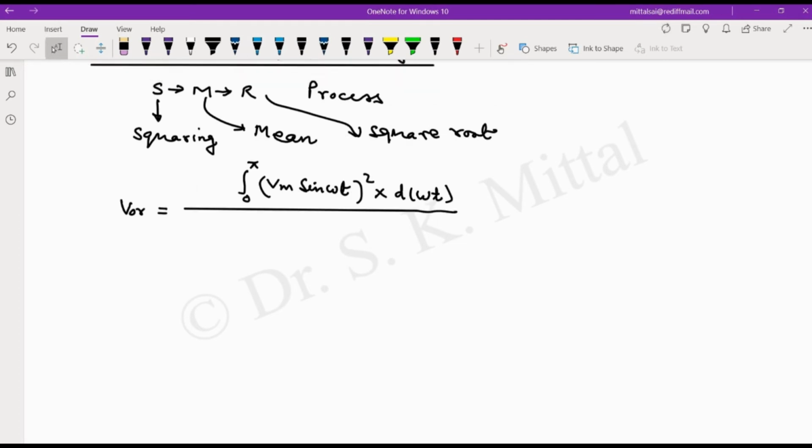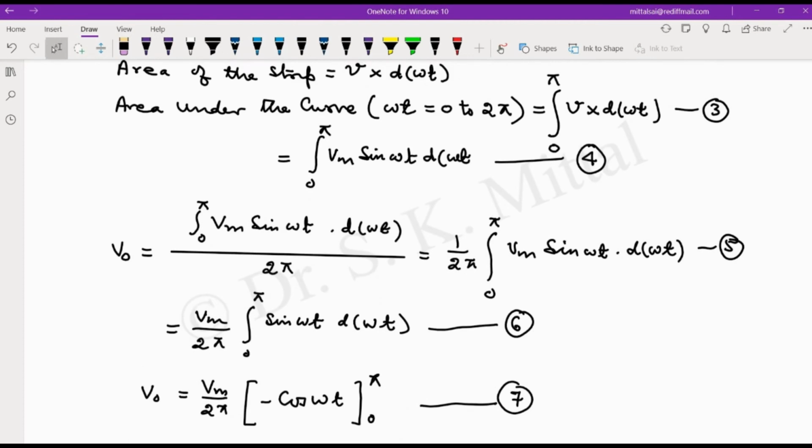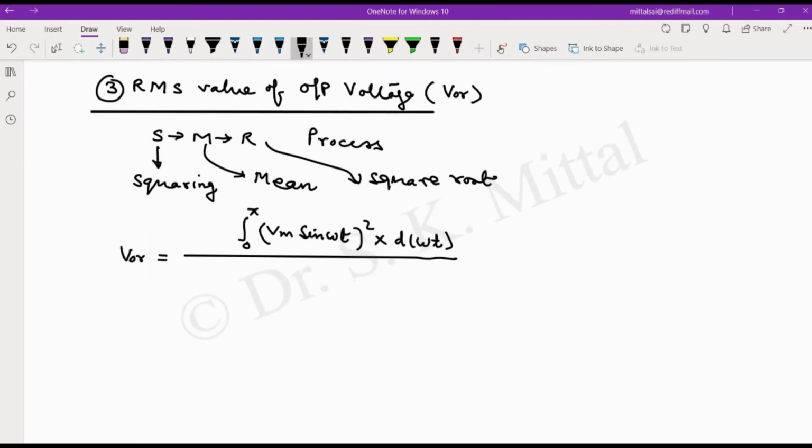And in this equation number 5, I have divided the numerator by 2 pi. If this equation is divided by 2 pi, we say that we have taken the mean. And now the whole value is written like this.